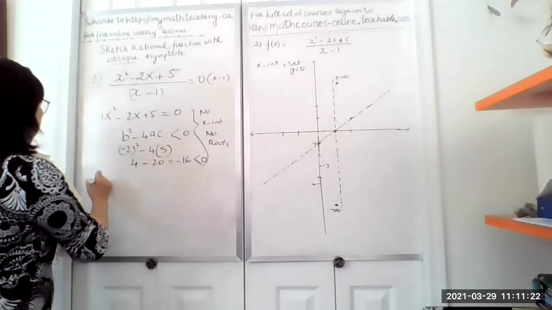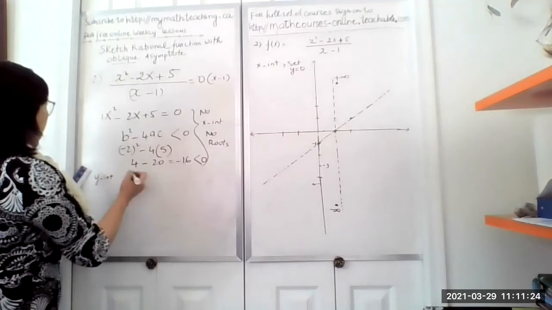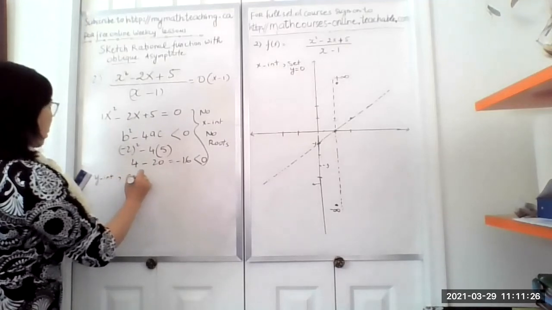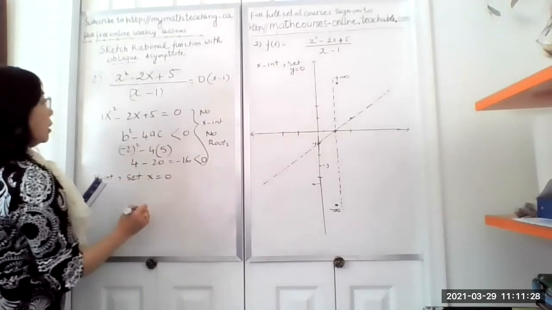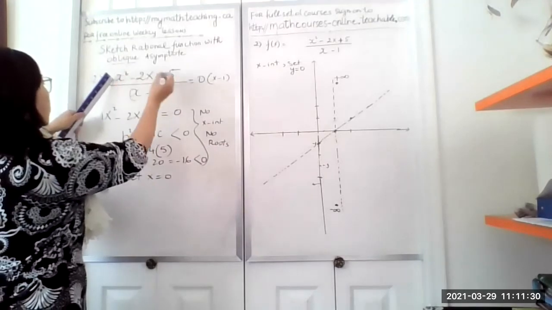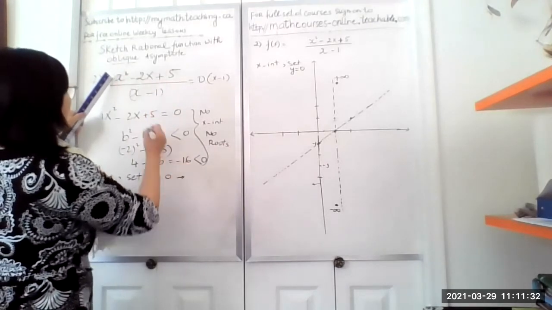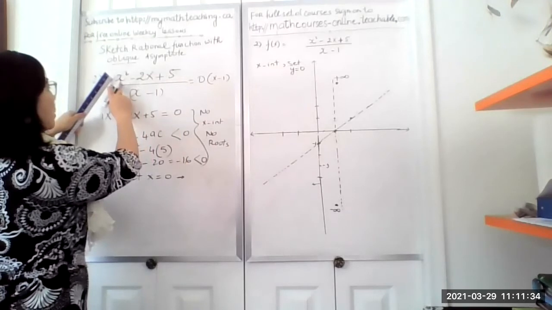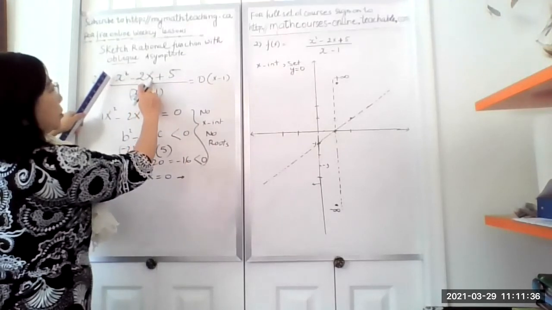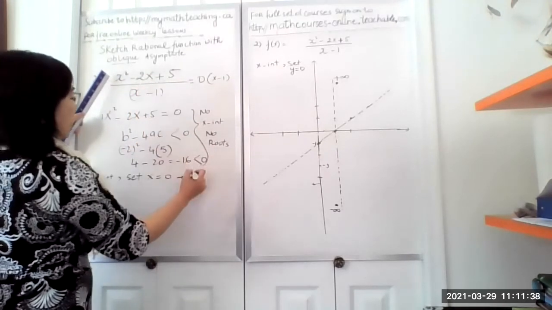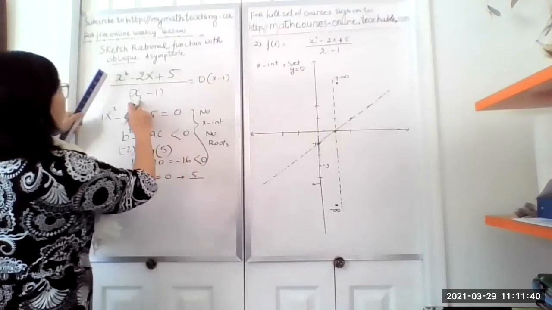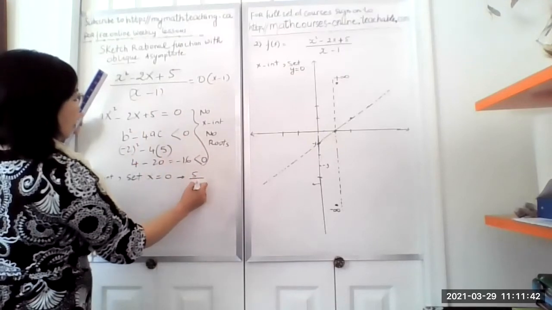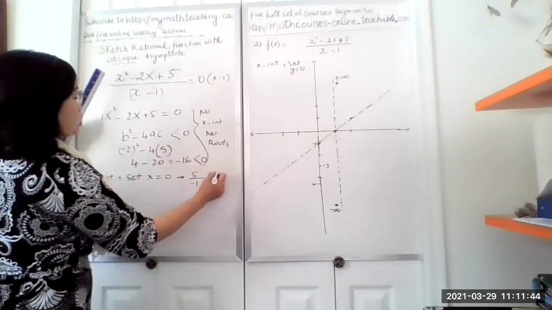What about the y-intercept? The y-intercept happens when we set x equals 0, right? So if you set x equals 0, what will this y-intercept be? This term will become 0. Minus 2 times 0 is 0. So we end up with 5 over 0 minus 1, which is minus 1, so equal to minus 5.